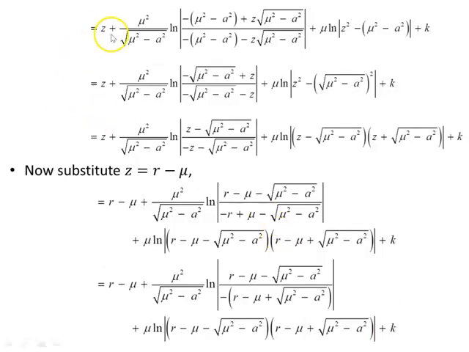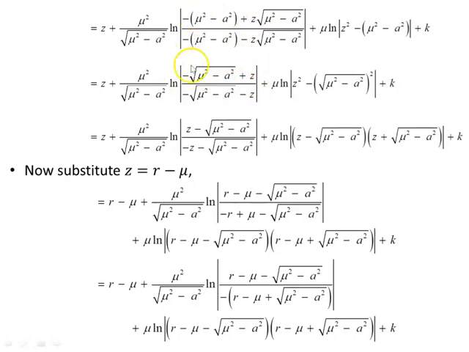Okay, next bit. So we've got z plus all this. That's just rewriting the last line again, just so we can compare it. So next line down now, what we're going to do is we've taken out a common factor of square root mu squared minus a squared from the top there, and also from the bottom, and they cancelled. So we're now left with just the z by itself here, and one factor.